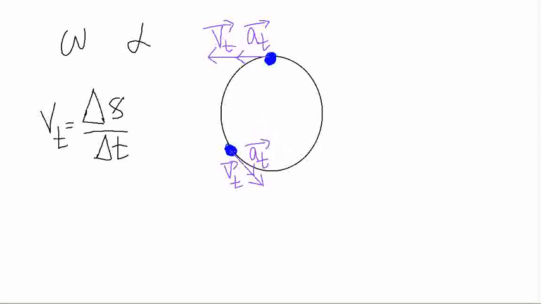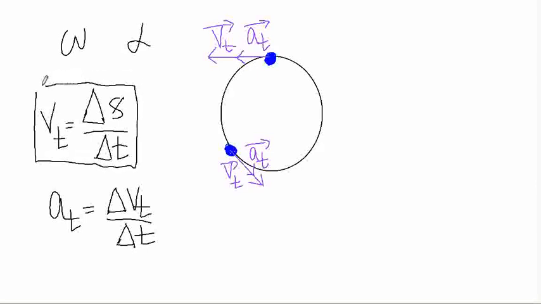Well, a sub t is the rate of change of v sub t. So I can write that formula this way. Okay, so let me repeat. Here we have the tangential velocity component and the tangential acceleration component.